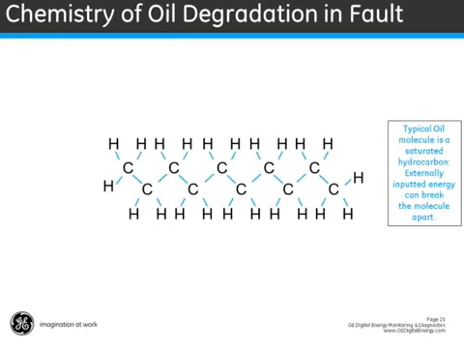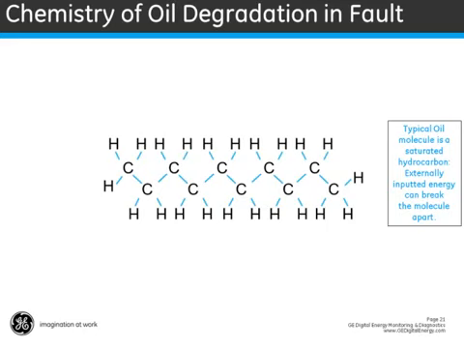So we have a little bit of actual chemistry now. A typical oil molecule can be illustrated as a straight chain of C's, carbon atoms, bonded to H's, hydrogen atoms. On average, this chain would be about 16 carbons long for transformer oil. In reality, it's a little more complex than what's illustrated here, often with branches coming off, but this is good to illustrate the point.